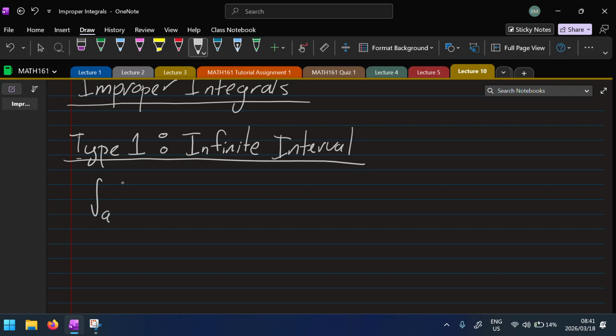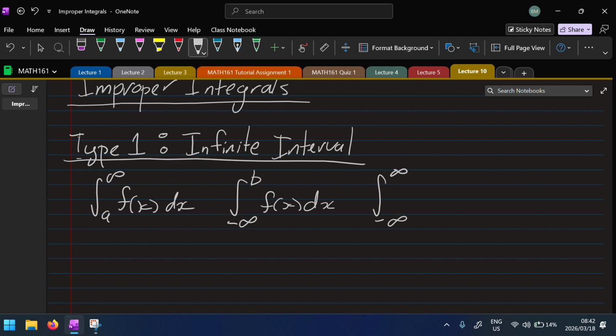We have the integral from a to infinity, so the top part is now infinite. Or we have where the bottom part is infinite. Or we have a case where both the top and the bottom are infinite. If you see any of these three cases, we're dealing with a type 1 improper integral.